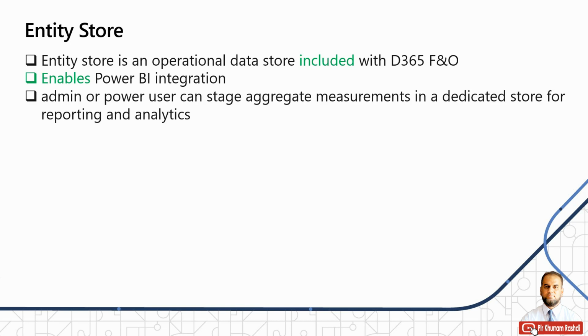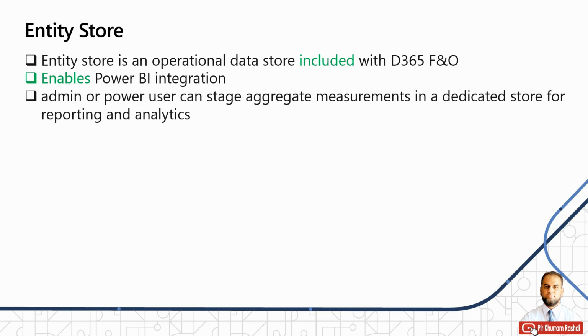So admin and power users can stage aggregate measurements in a dedicated store for reporting and analytics purposes. Staging means that you need to migrate the data. So there is a certain framework available in F&O in the system admin module, where you can have different options of refreshing the transactional DB to the entity store.